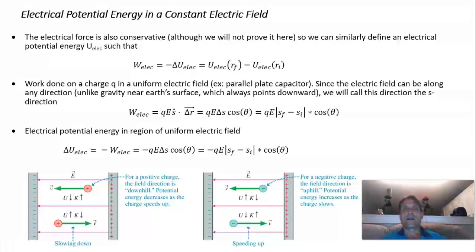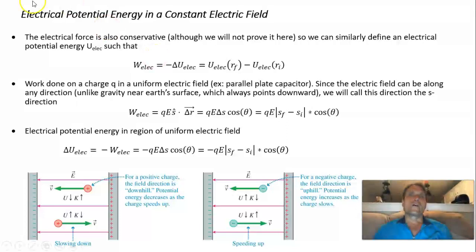And this behaved very similarly to the gravitational potential energy. Remember mgh from Physics 1. So this was much easier to deal with than the electric field because it's a scalar. So if you want to calculate the electric potential energy due to several charges, it was just adding up scalars and not having to deal with the magnitude and the angle like we did with the electric field, which is a vector.